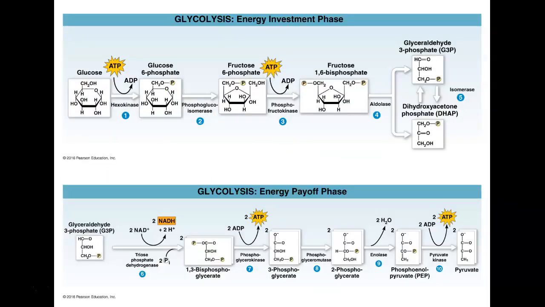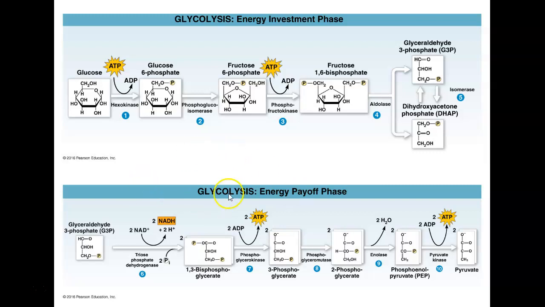Here's the super drawn out picture. You do not need to know this, in my opinion, in any way, shape, or form in detail. This just shows you at the top, to go from glucose to those 2 3-carbon molecules across the top, you have to invest 2 ATP just to make it happen. And you can see where those phosphates go.